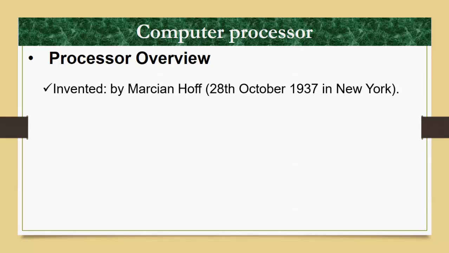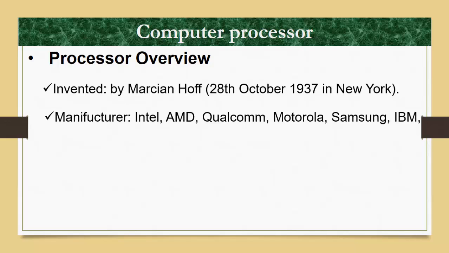Some of the processor manufacturer companies are Intel, AMD, Qualcomm, Motorola, Samsung, IBM, etc. The processors are small chips made of silicon that are placed inside devices to perform tasks within seconds, and their speed is measured in megahertz.